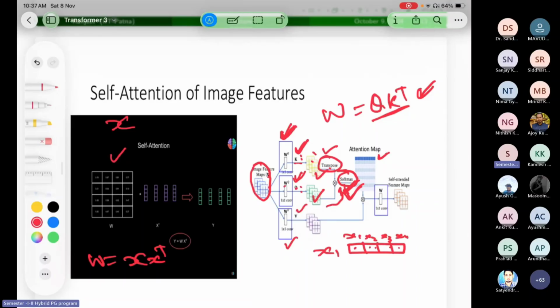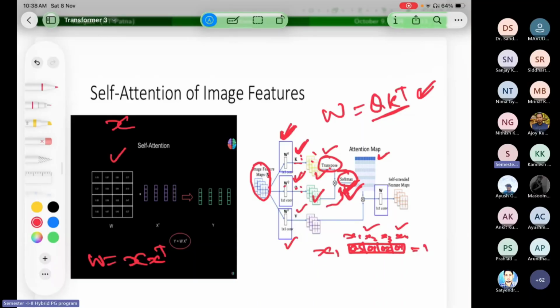So for each row the values would be between 0 and 1, and again these are just probability values, so the total sum would be 1 only. The total attention value that I have is 1, and I'll distribute this attention to all these guys. I'll say, hey, you are x1, and I'm going to ask for information from x1, so I'll give 0.5 weightage to this, maybe 0.3 to this, 0.2 to this, 0.1 to this.